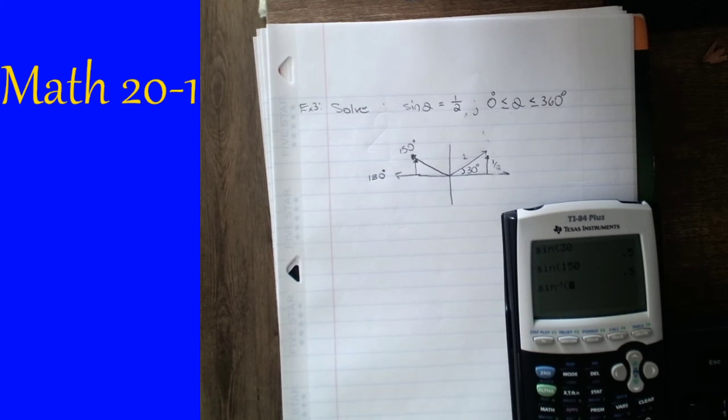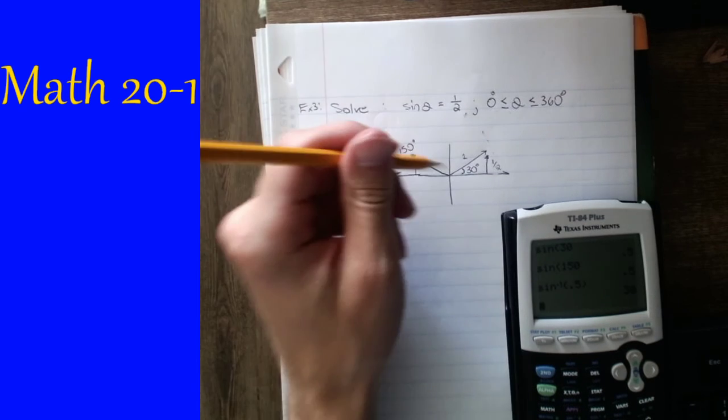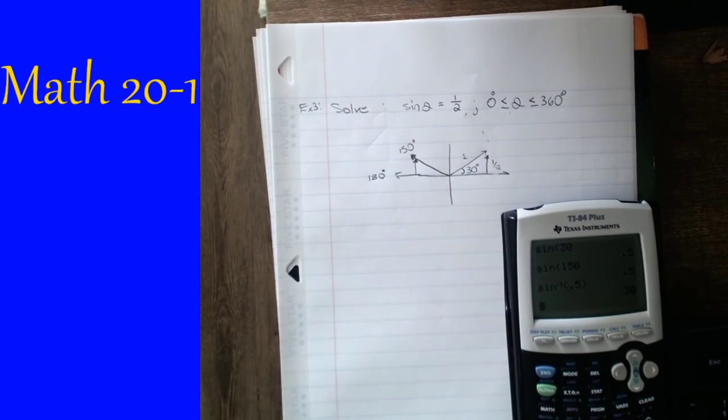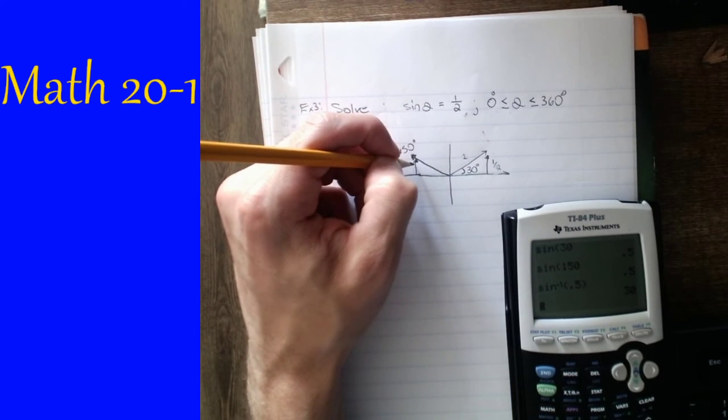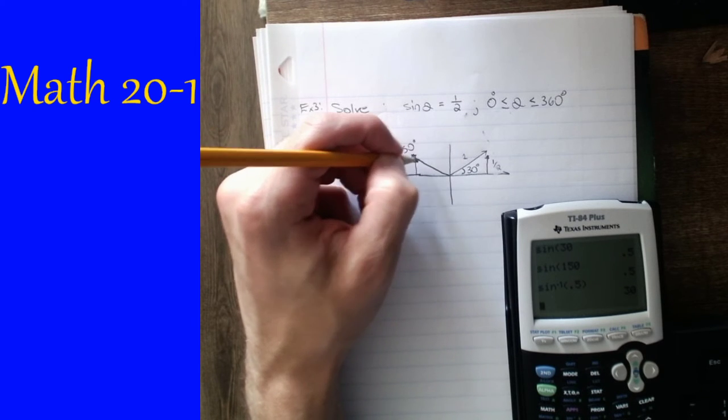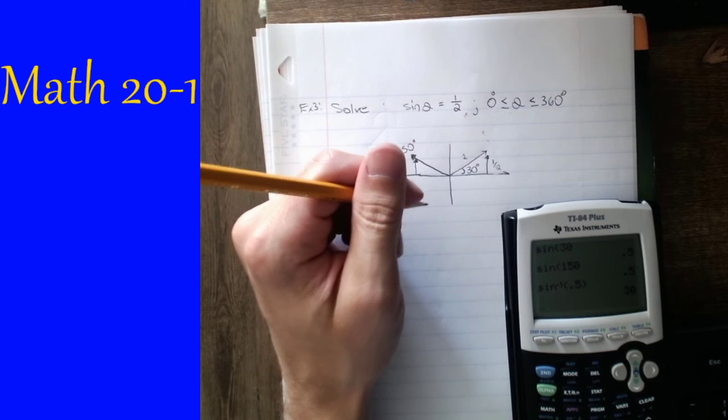Even if I inverse sine 0.5, I'll get 30. But I can't inverse sine and get 150. That's what's fundamental about drawing all of this, is that there's no way to actually inverse sine and get 150. You kind of have to make that leap conceptually.